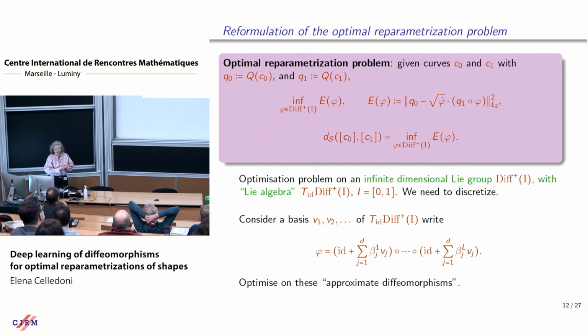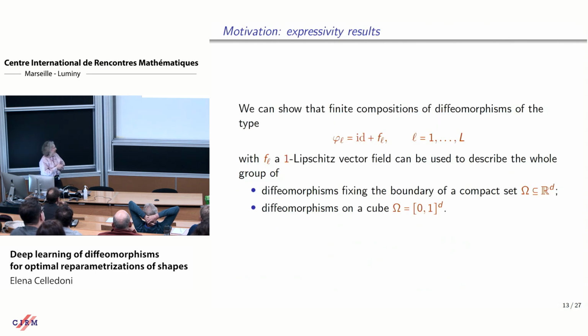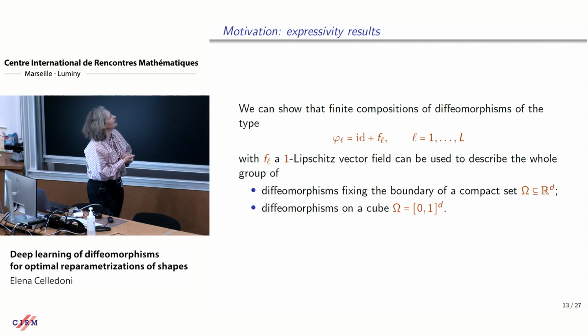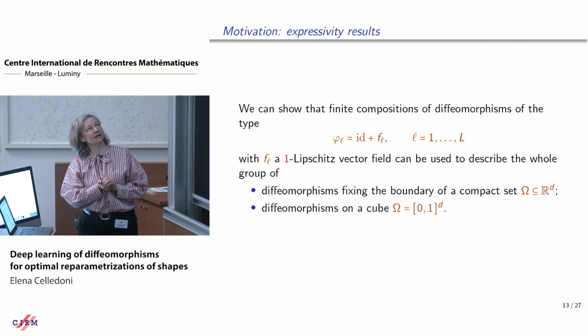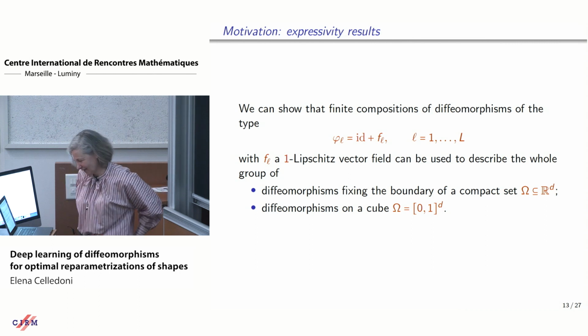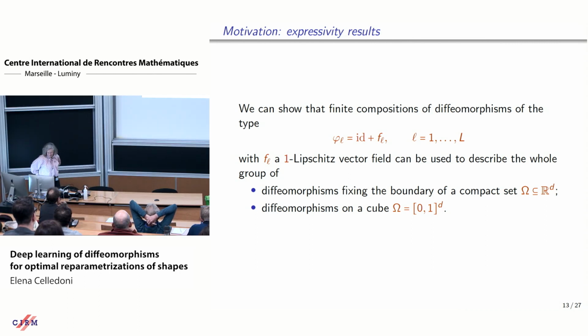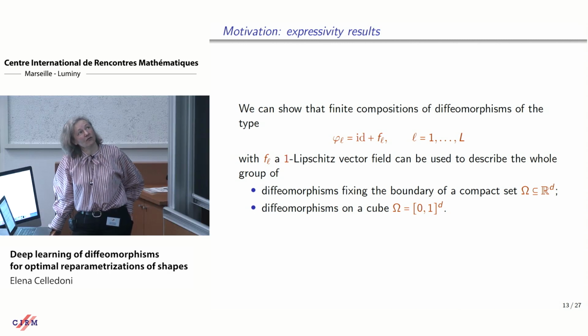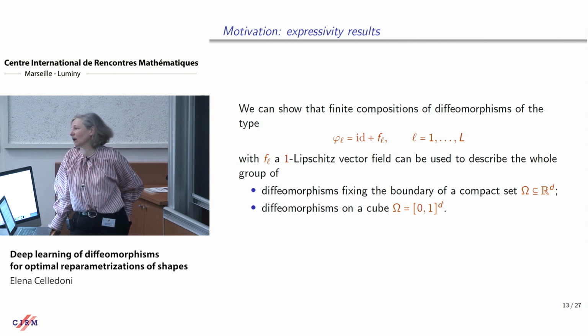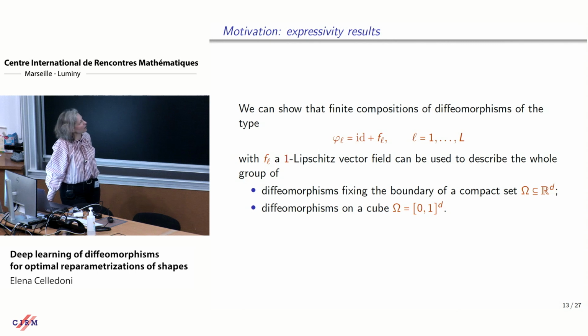Is this a diffeomorphism? Turns out that the answer is yes. I will get back to this later, but let me give you just an appetizer. We can show that finite compositions of diffeomorphisms of this type, so the identity plus a vector field which is one-Lipschitz, I will explain why we want one-Lipschitz later on, can be used to describe the whole group of diffeomorphisms.